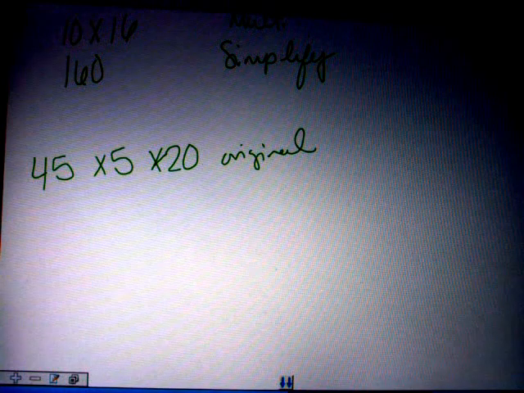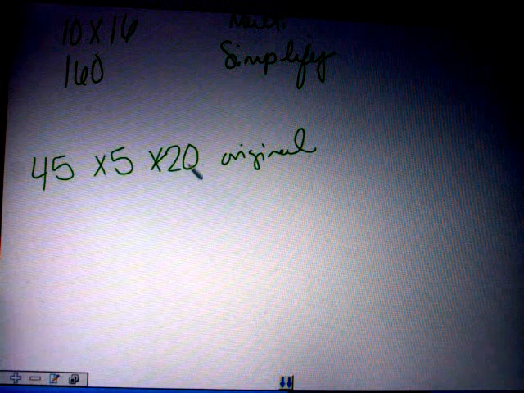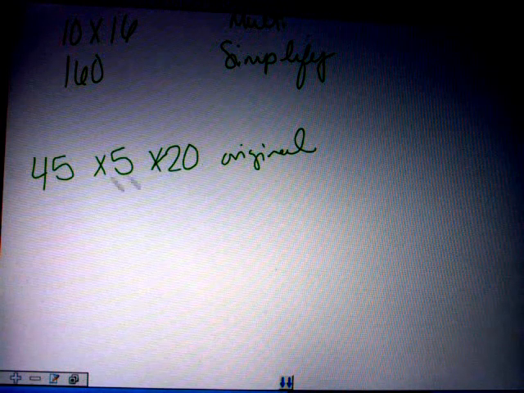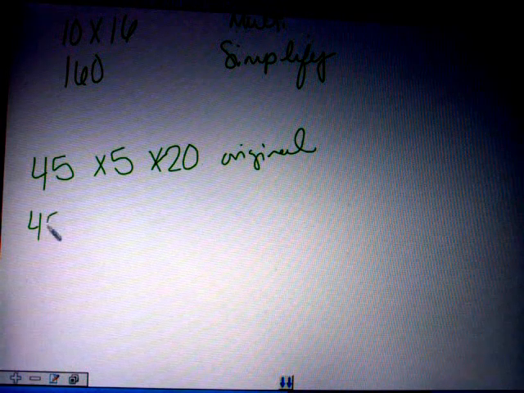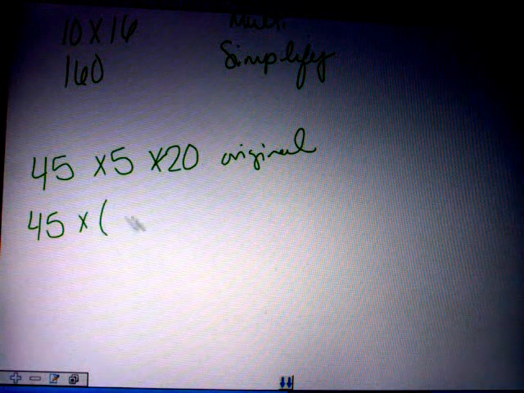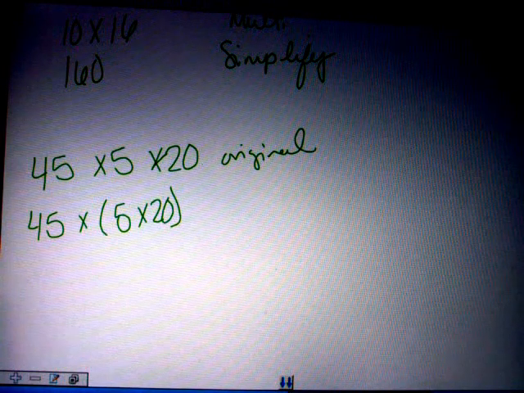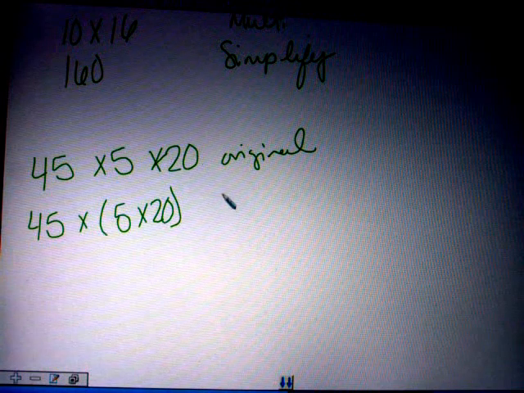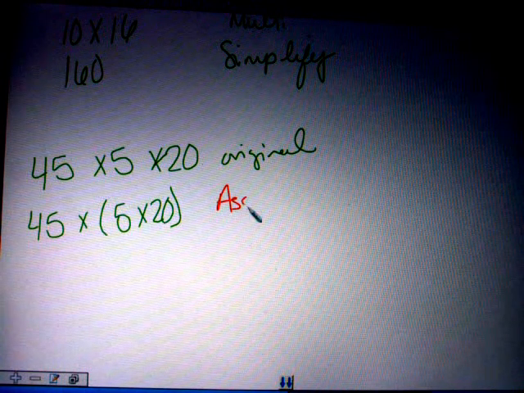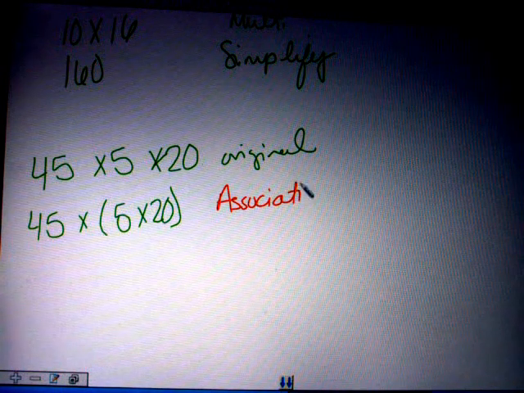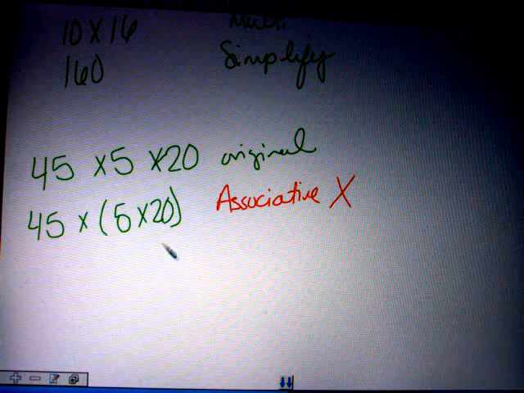Now I'm going to use these multiplication properties. I've already got 5 times 20 right next to each other, so I'm not going to bother moving them around. I'm just going to multiply 5 times 20 first. Adding those grouping symbols is the associative property.